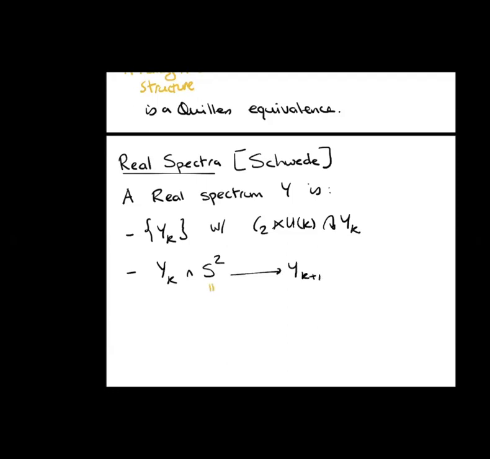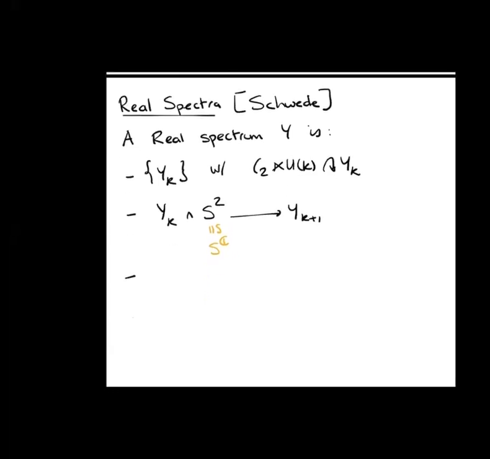Here the S2 is showing up because this is exactly the one-point compactification of C. And then you ask that the iterated structure maps are suitably equivariant, so C2 semi-direct product Uk times Ul equivariant. Here we're just letting C2 act on these unitary groups by complex conjugation of the matrices, term-wise.